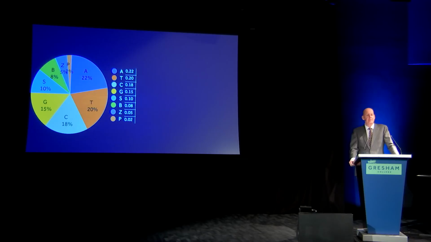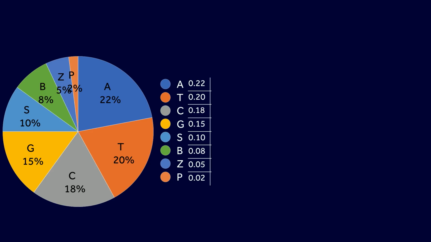And he said, well, let's just look at this little toy example, which has 8 letters in it. A, T, C, G, S, B, Z, and P. And he said, let's just assume that the letter A appears with a probability of 0.22, 22% of the time, letter T, 20%, and so on, down to the letter P, which only appears 2% of the time, 0.02.